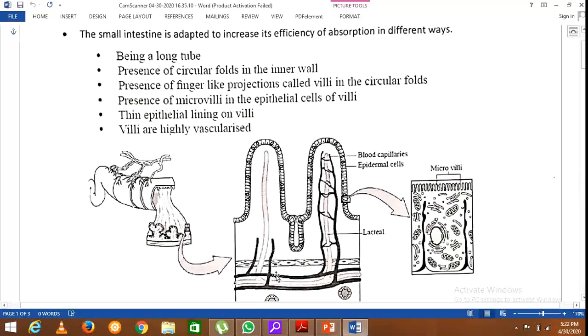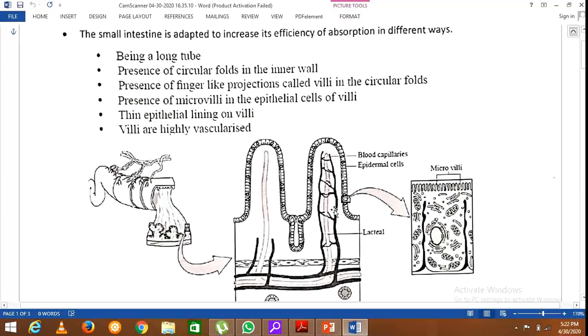You can see there are branches of arteries which form arterioles, and these arterioles are further divided into a capillary network here, and these blood capillaries get together to form the venule, and the venule takes blood away from the villus. So there is a very good supply of blood to those villi.